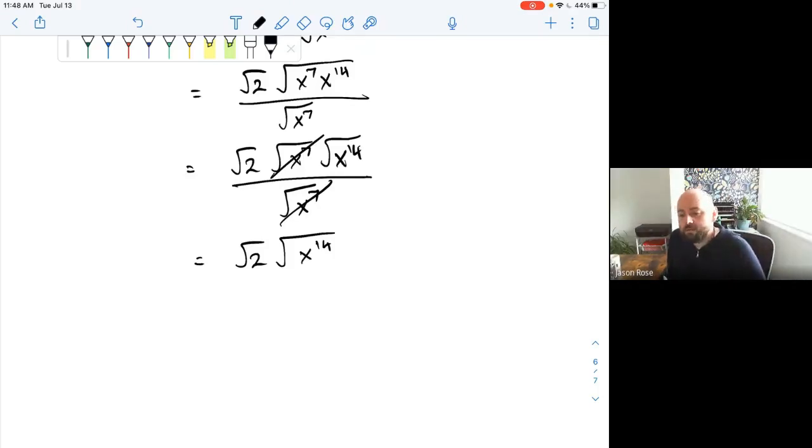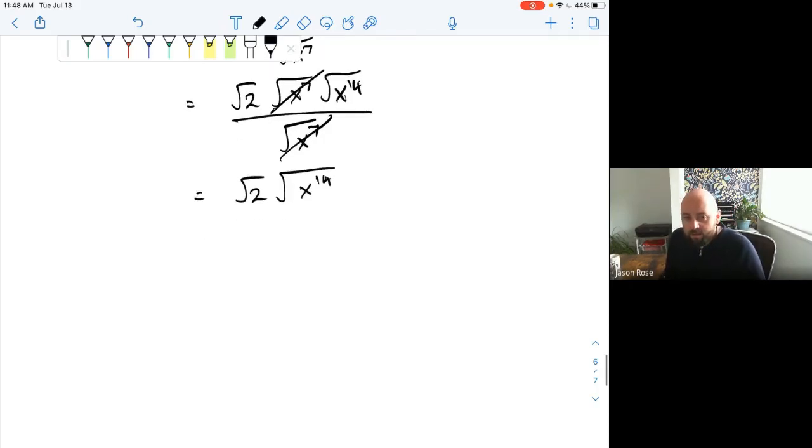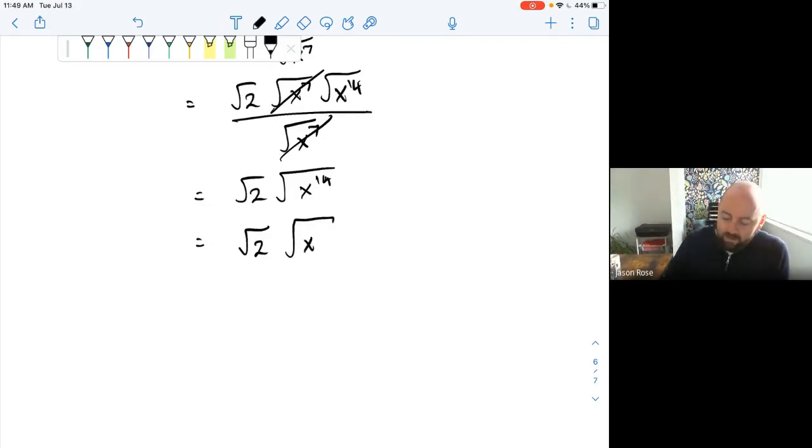Anybody know what I'm going to do with this root x to the 14? So I can rewrite it another way. Any ideas in the chat? I'll keep going, actually. I'm a little tight for time now. So I can rewrite this as x to the 7 squared, like that.